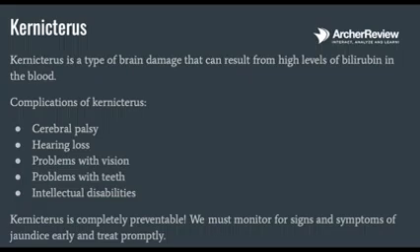Very high levels of bilirubin cause problems in the nervous system, and that's why we see things like cerebral palsy, intellectual disabilities, vision problems, hearing problems. We've essentially clogged up the brain, clogged up the nervous system with this unconjugated bilirubin.